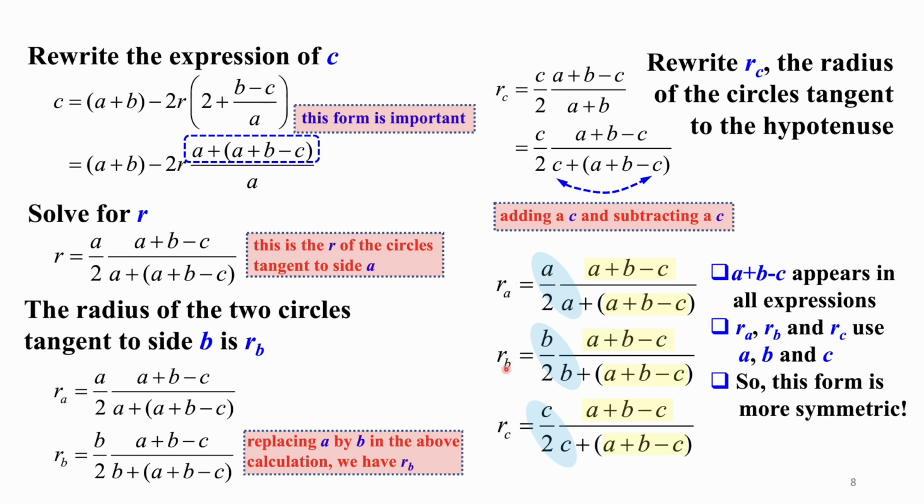For RB, by replacing A by B, we have B here. We have C and C here. So this form is more symmetric than the previous form we discussed in episode 1. Therefore, we solve a variation of the problem discussed in episode 1.